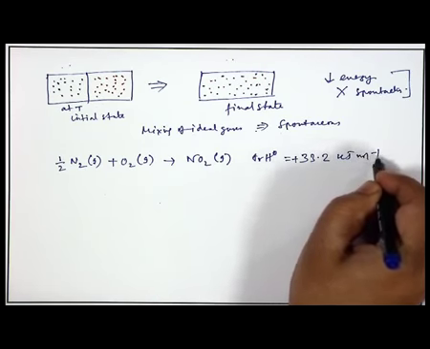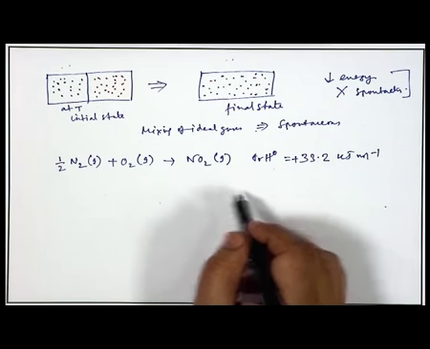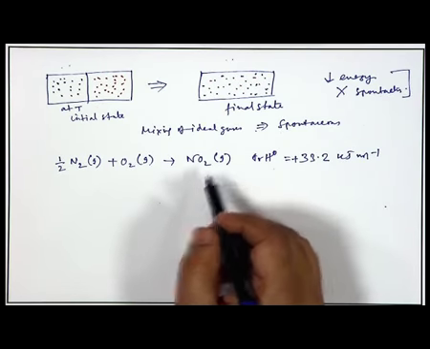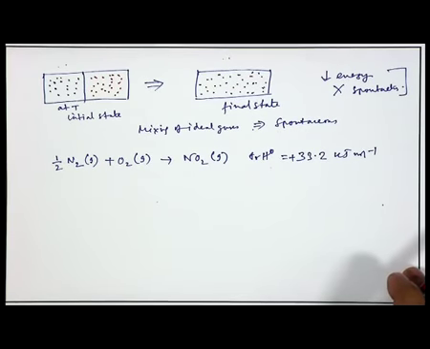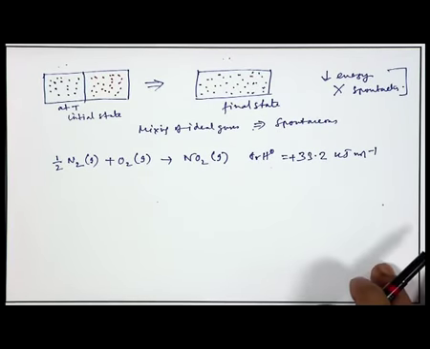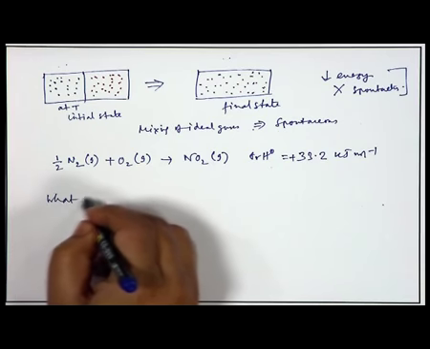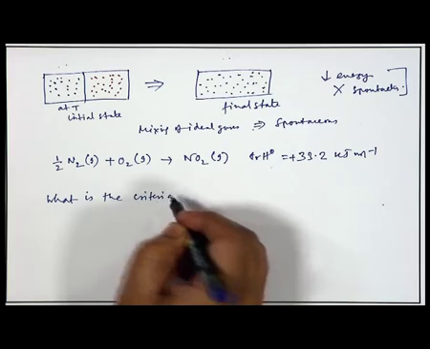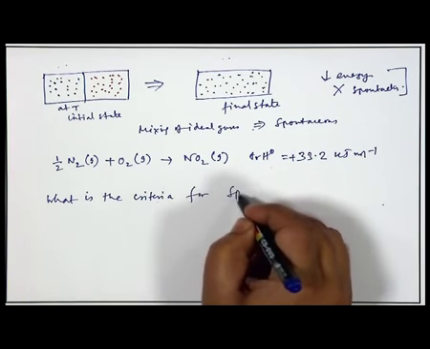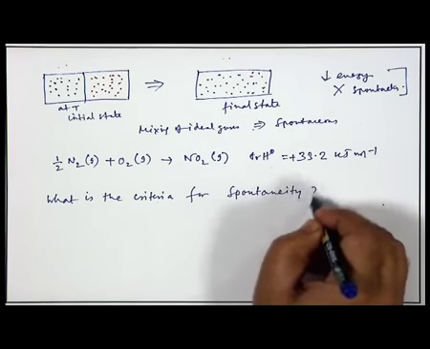So, in this case the system's energy is actually going up, but the reaction is spontaneous. Again we go back and say that decrease of energy, or energy alone, cannot be a criterion for spontaneity. Then obviously the question will come: what is the criterion for spontaneity?